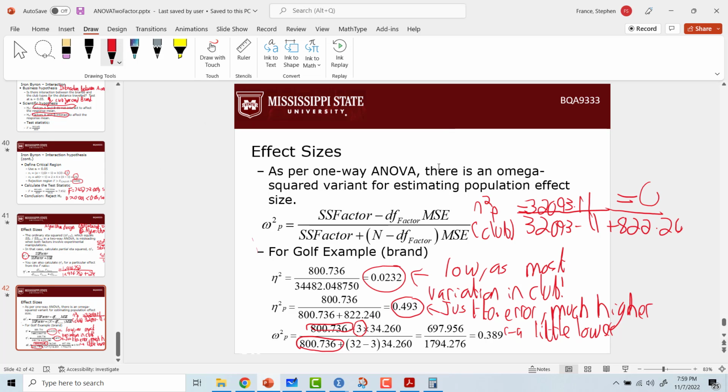So a huge amount of variation in the experiment is due to the difference between clubs, which is to be expected. A 5-iron and a driver shoot completely different distances. So it's got a real world application there.